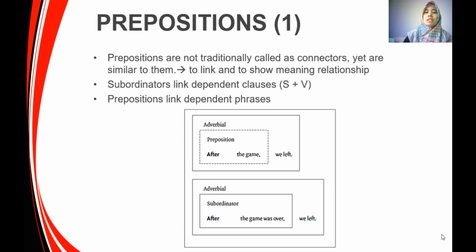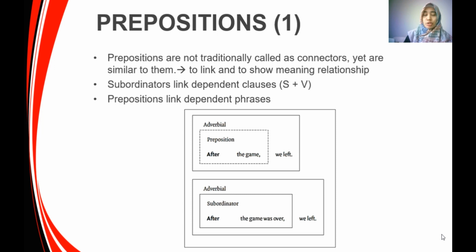The example can be seen in this chart. After the game, we left. So here, in after the game, you know that the preposition after is used to link the dependent phrase, the game, only the game.